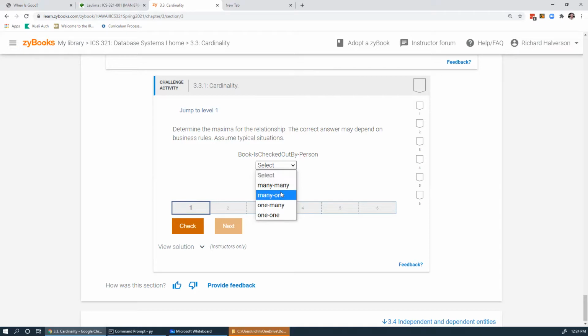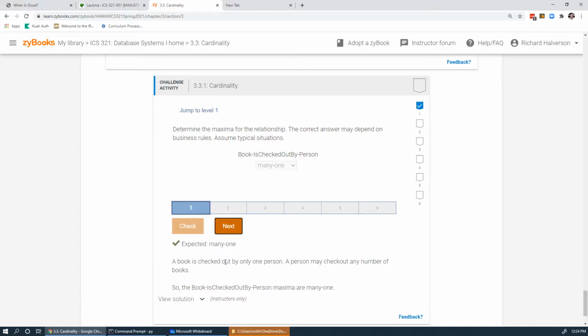I'm going to say it's this one. Oh no, that's right. Yes, many to one. A book is checked out by only one person. A person may check out any number of books. Okay, so it's many to one. All right, what's next?